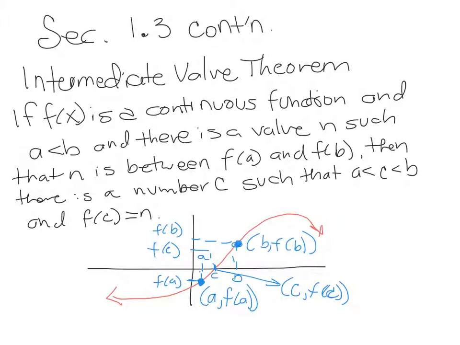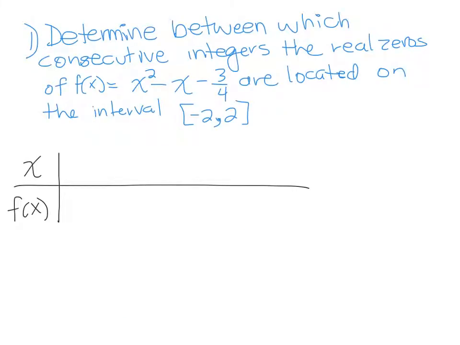Okay, so being said, in this problem I have: determine between which consecutive integers the real zeros of f of x equals x squared minus x minus 3/4 are located on the interval. The interval is -2 all the way to 2.